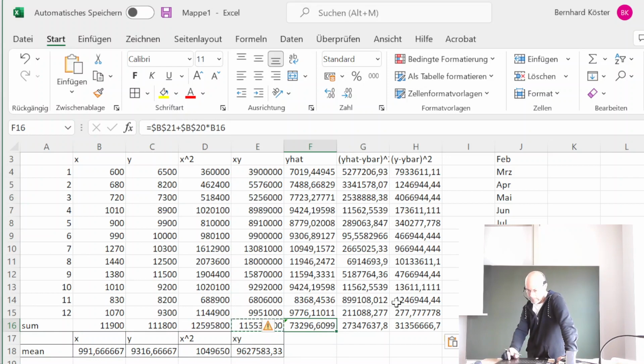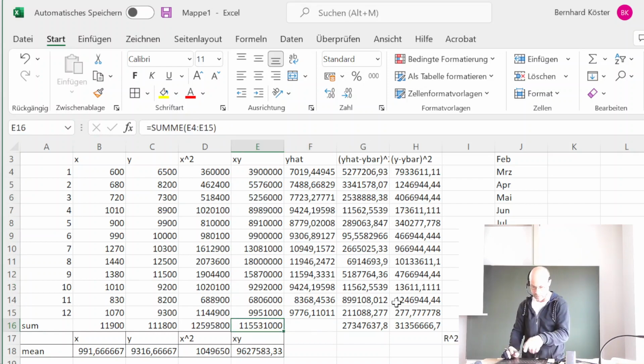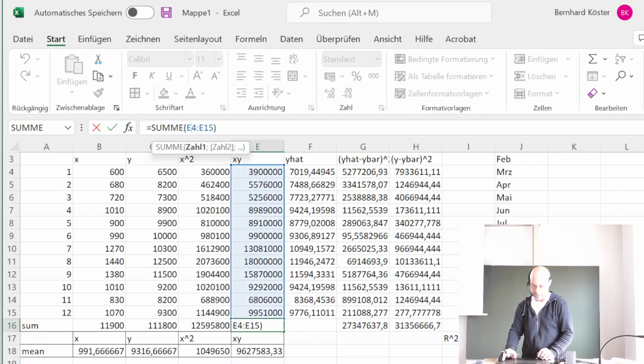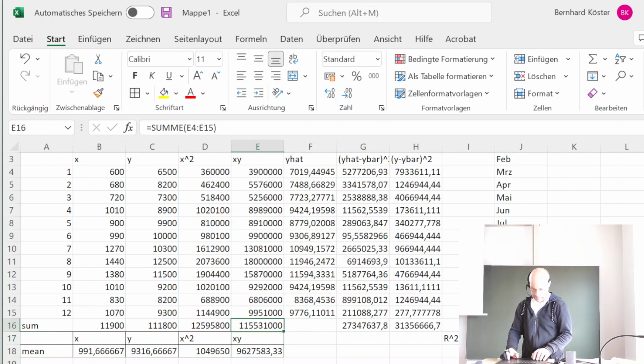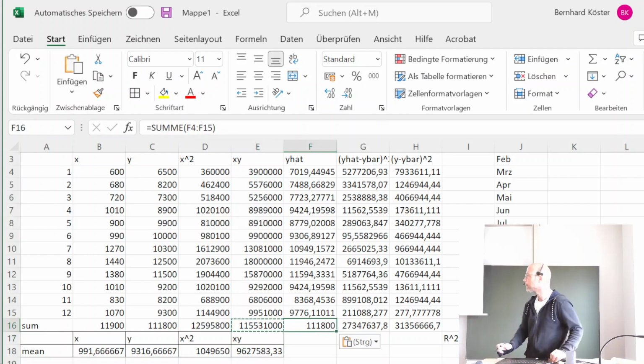But at this cell, I did something wrong, because I was too fast and copied the formula and not the summation.